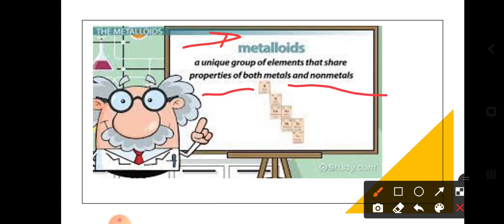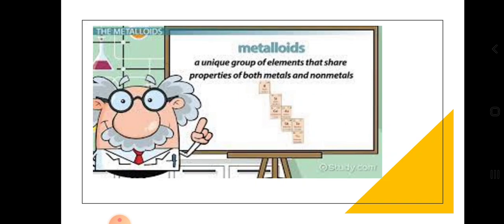Dear students, metalloids have properties existing between metals and non-metals. So such elements, with properties between both of them, are called metalloids. These are some basic information about metal, non-metal and metalloids.